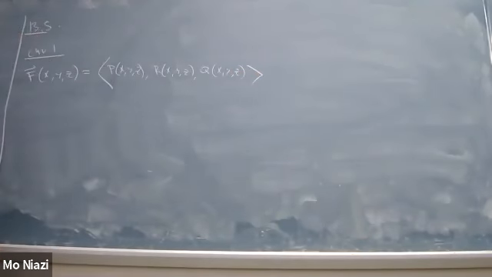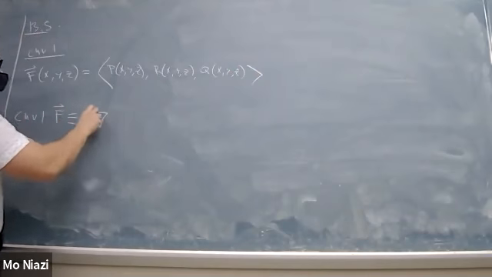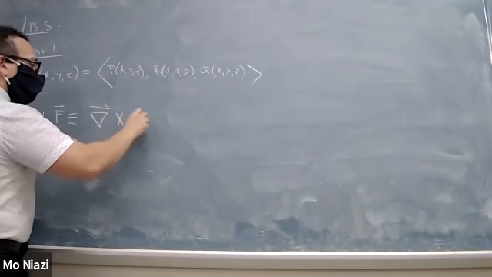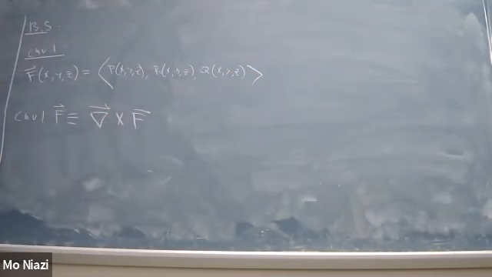All right. Let us define what we mean by the curl of F. Curl of F is defined as the del operator cross the function. Clearly, this is the cross product between 2 vectors.